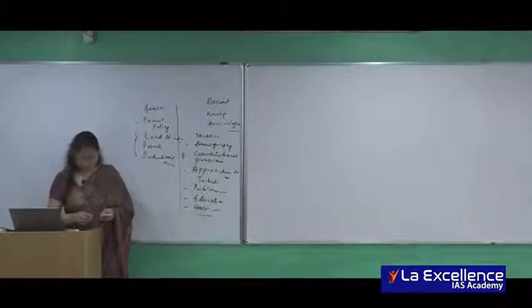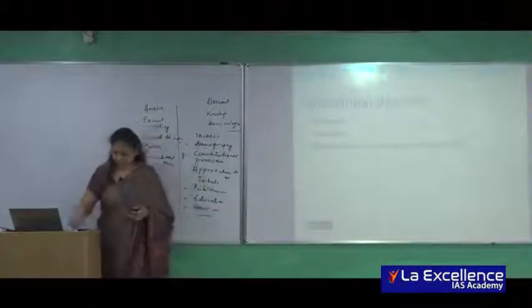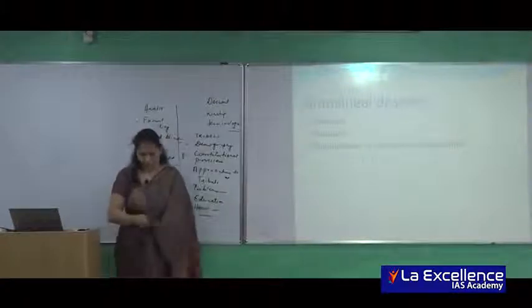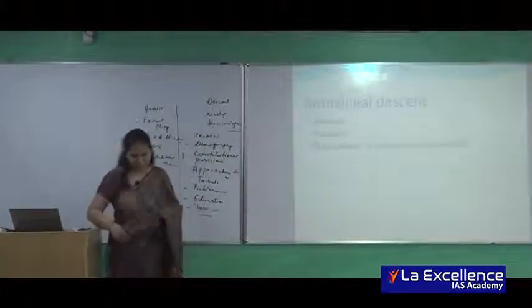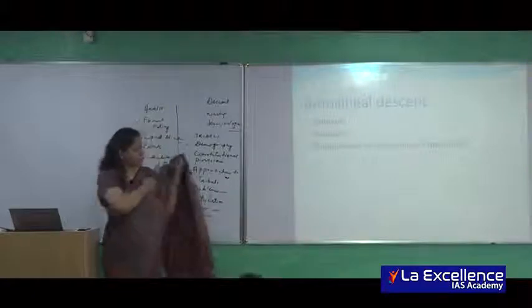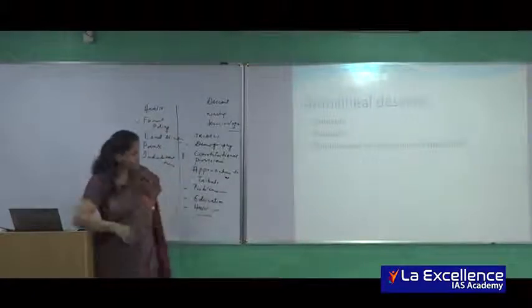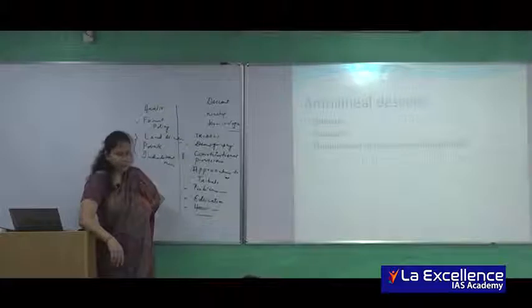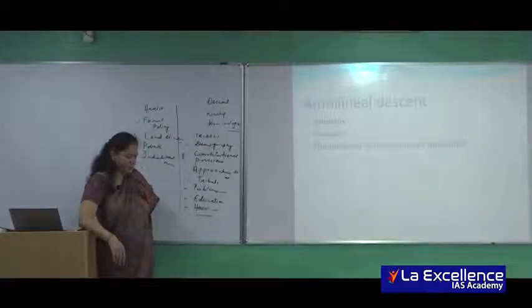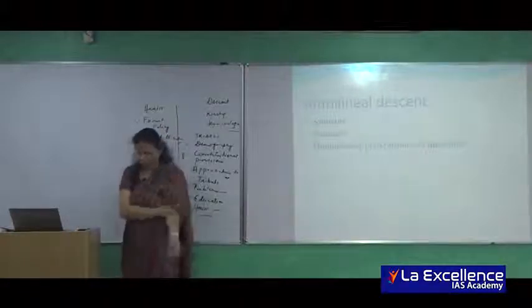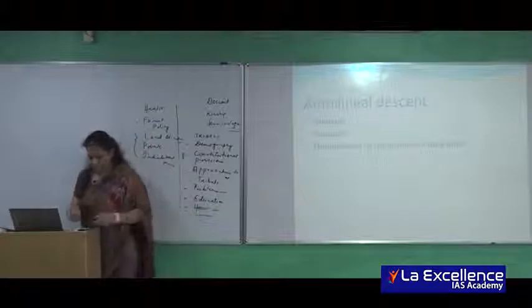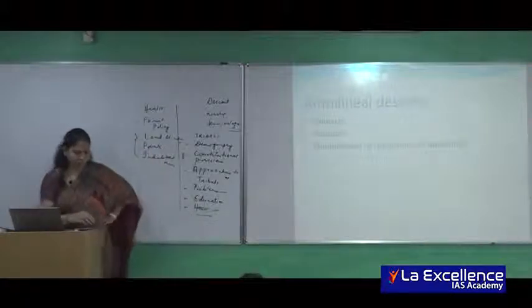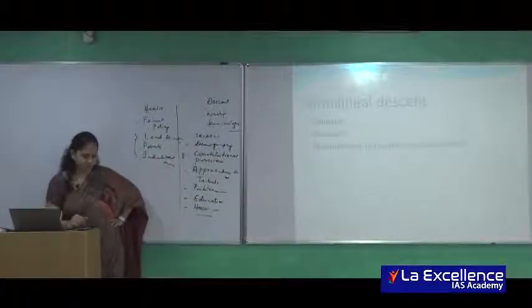Take some of the examples. Samoans, Kwakiutl, and that is a general observation that we find in traditional Hindu society. In the absence of the male child, the female becomes a legal heir, and she would take the responsibilities of a male child.